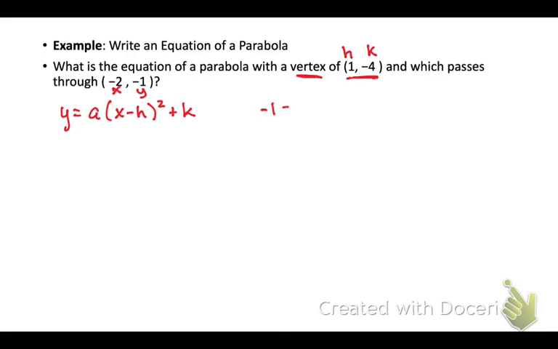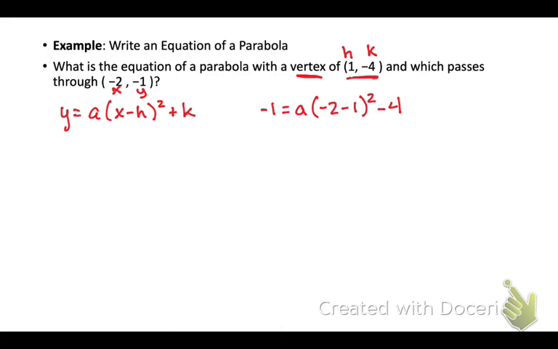So Y is -1, equals A, we don't know A, times (-2 minus 1) squared plus -4. All I did was plug in H, K, X, and Y. You need to make sure you have H and K in the correct places.